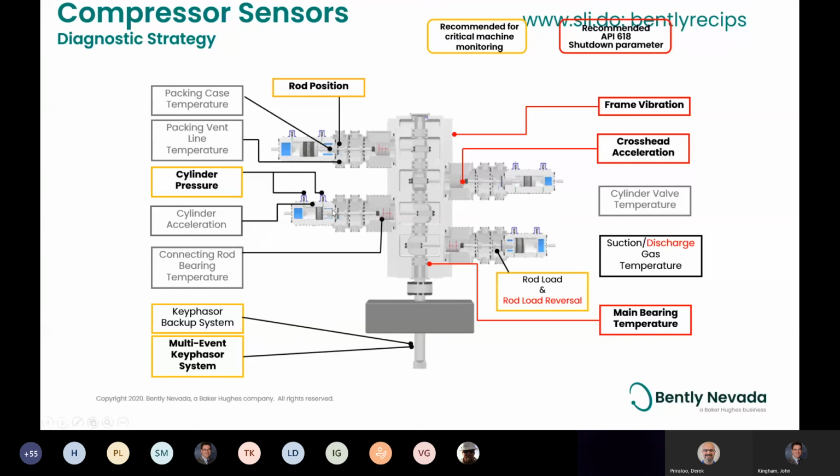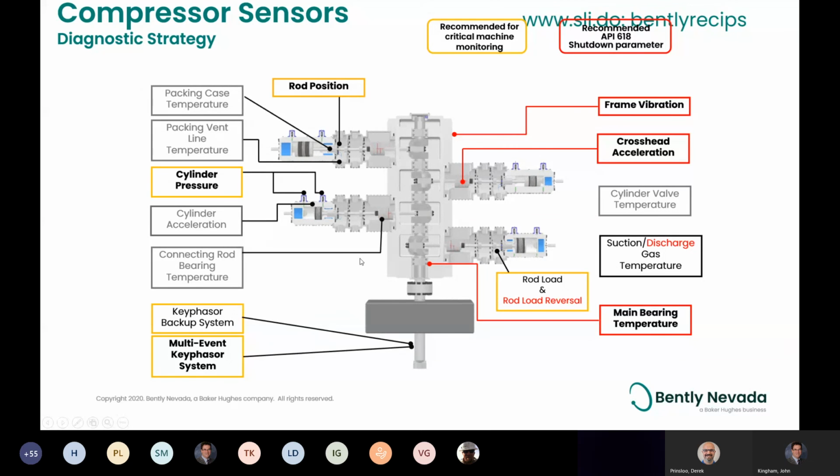It is not an inexpensive solution, but if you've experienced a loss of lubrication and an increase in temperature there, it is well worth putting that measurement on your compressor, because it'll save you a lot of money in the long run.